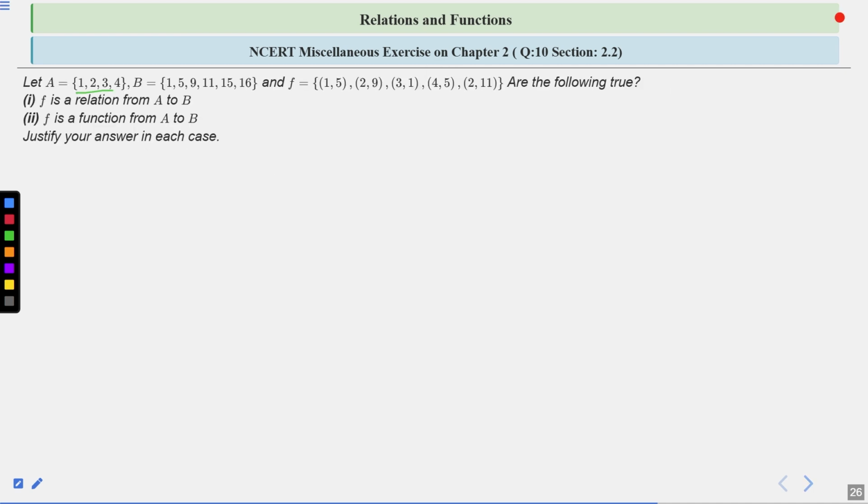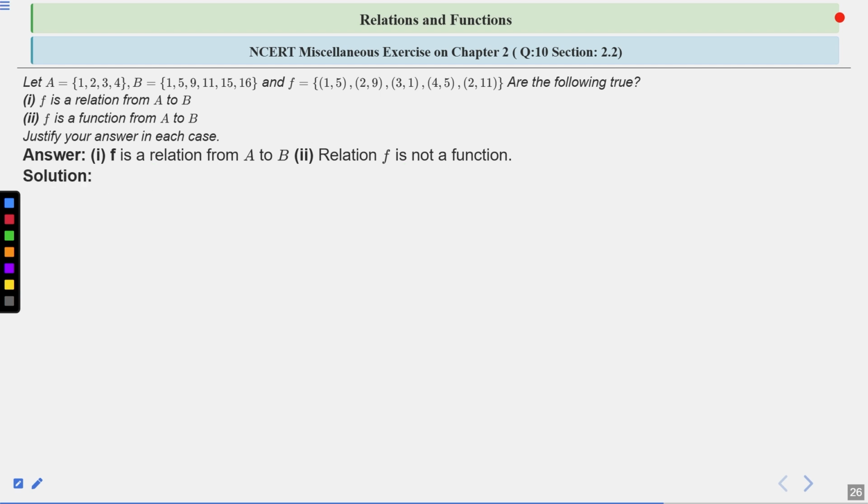A and B sets are given to you, and F is a relation. First we have to find out whether it is indeed a relation or not, and then whether it is a function or not. So the first is true, meaning this is a relation, while the second is not true, meaning F is not a function. Why?